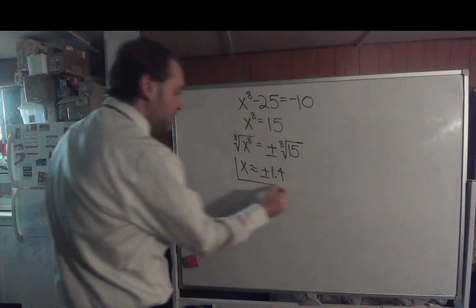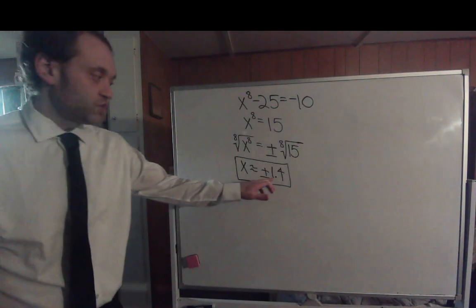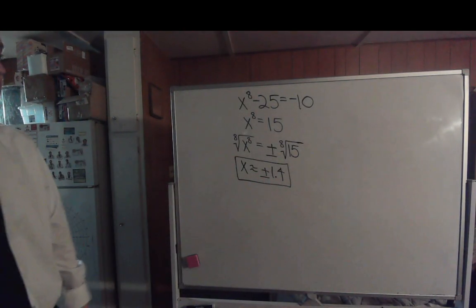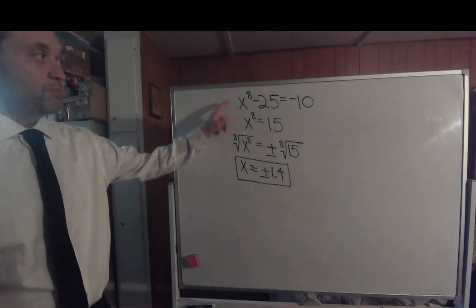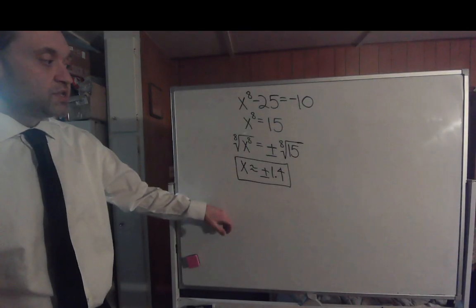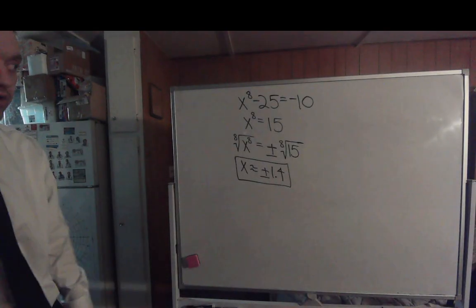So x is approximately equal to plus and minus 1.4. Those are your two real solutions. And if I put either the positive or negative into the original, I'll get a positive number. So that's why you get two real solutions, just like you would for a square root.